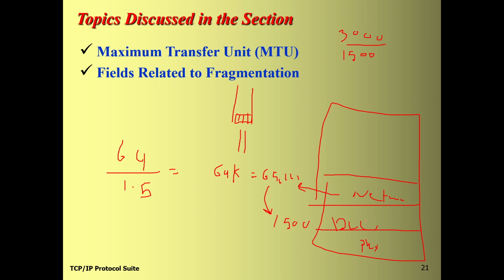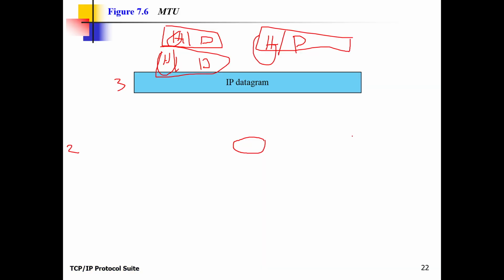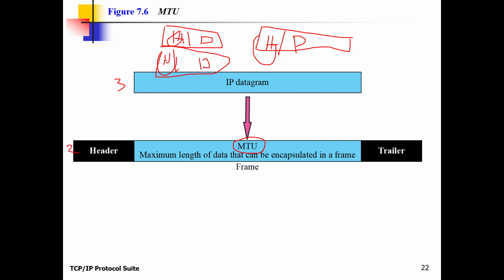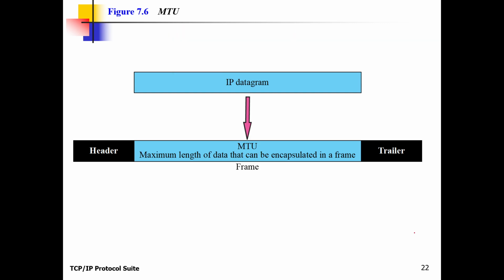So the value of the MTU differs from one physical network protocol to another. They are different technologies, different physical networks. For example, in Ethernet LAN, how much is the MTU? The Ethernet LAN technology is 1500, like I put in here. Let me clear this for a second.